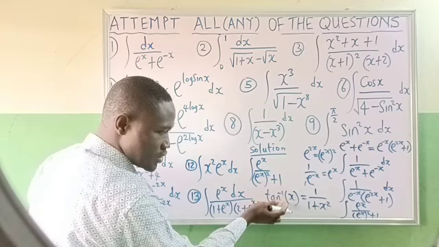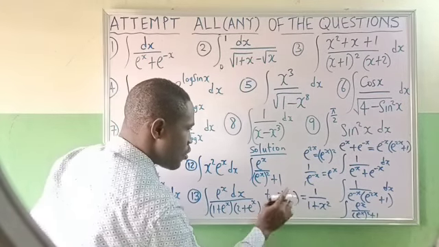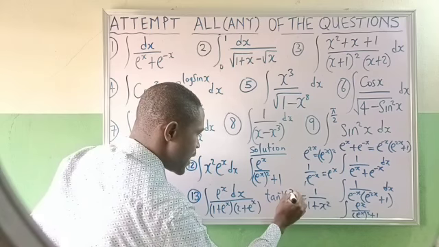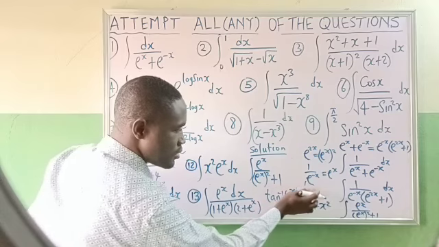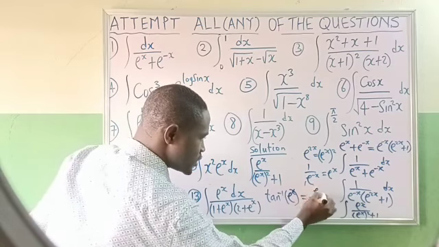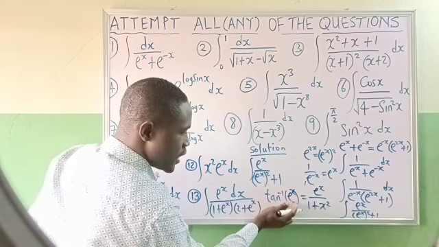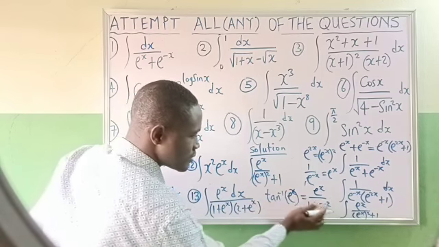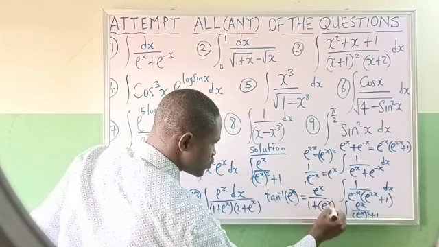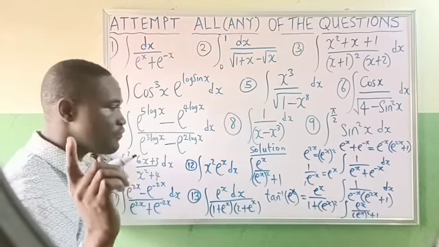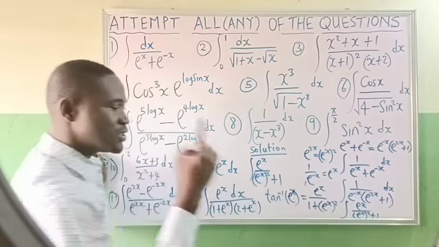With this knowledge, we replace x with e^x. Differentiate e^x. Instead of 1, you write e^x all over 1 plus e^x squared. From the law of indices, e^x squared means e^(2x), they are the same.